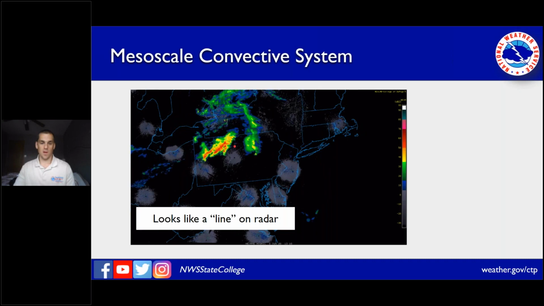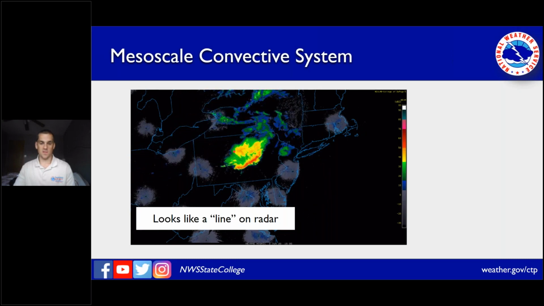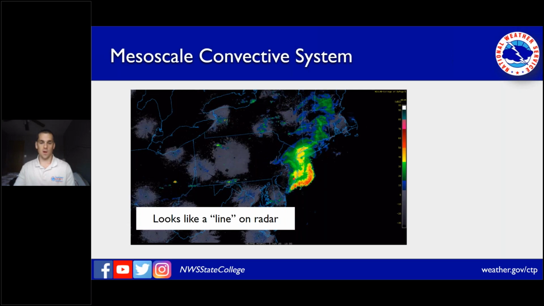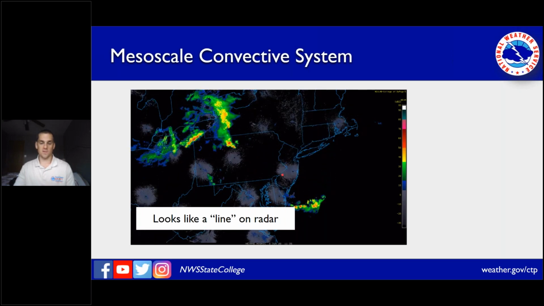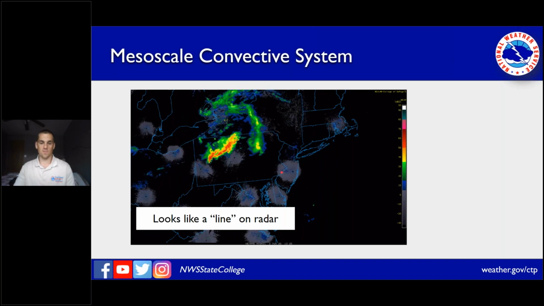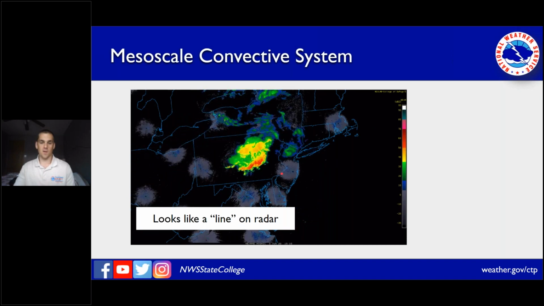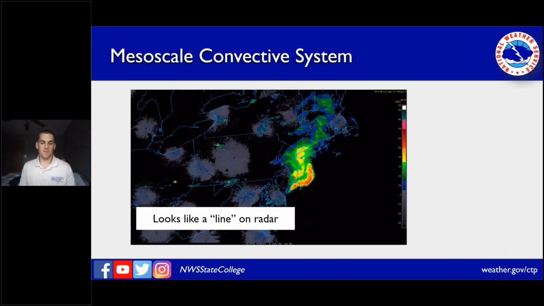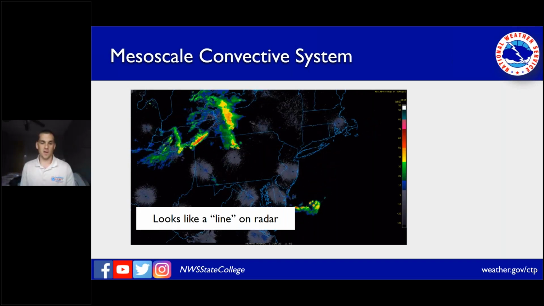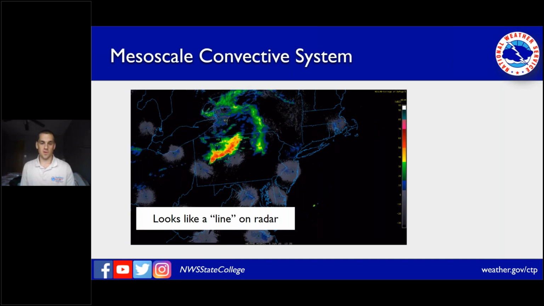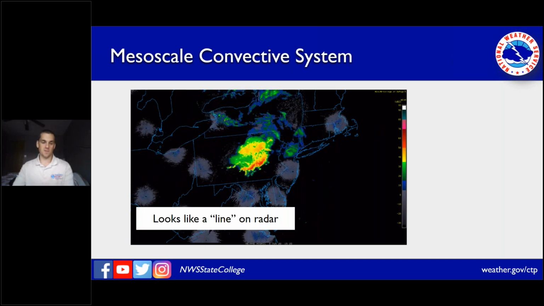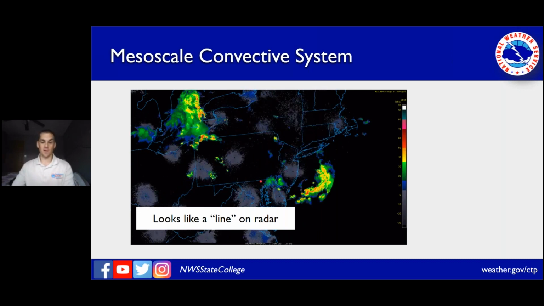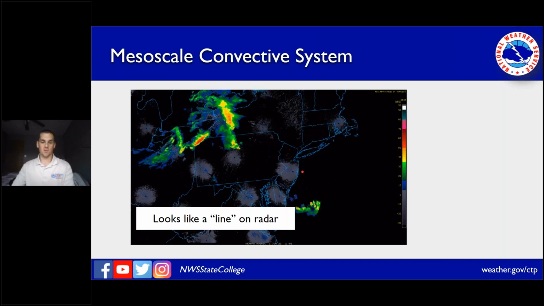Not really a lot of organization, and then as it races south into the central part of the Commonwealth, it starts to organize more into this line, and then really bows out and stays together as it gets down toward the Piedmont and Philly and off the New Jersey coast into the Atlantic. So again, a very typical spring or summer evolution here in Pennsylvania for us to see. And as we say linear, it looks like a line, so fairly easy to pick out if you can imagine them there on the radar.